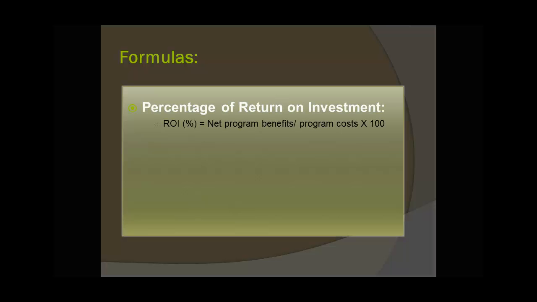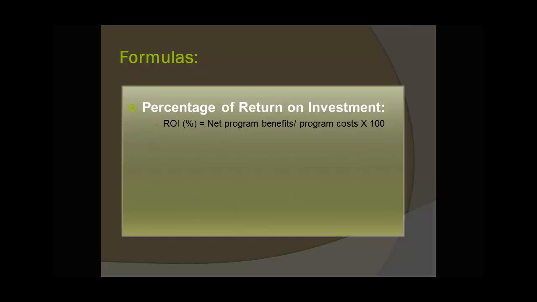Once the costs have been calculated, organizations can then begin to analyze those costs to determine whether or not e-learning will be efficient using one of the following formulas. The first formula is the percentage of return on investment formula, which calculates the net benefits of the program minus the cost of the program.